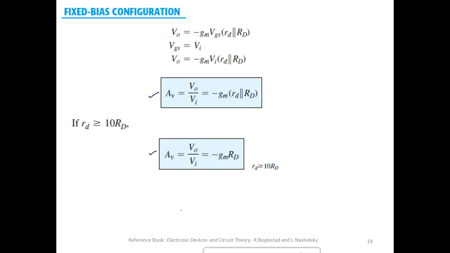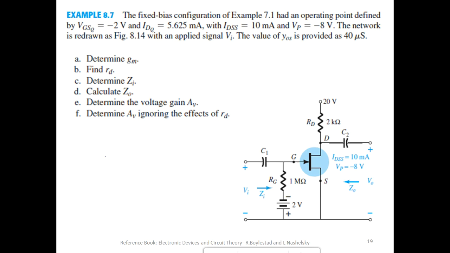Right? Okay, so if you thoroughly understand the basics of the AC equivalent JFET model and also the steps, then you can easily derive the expressions for input impedance, output impedance, and the voltage gain. So with that, let us focus on this particular example. You can try it at home, but what are the values being given here?